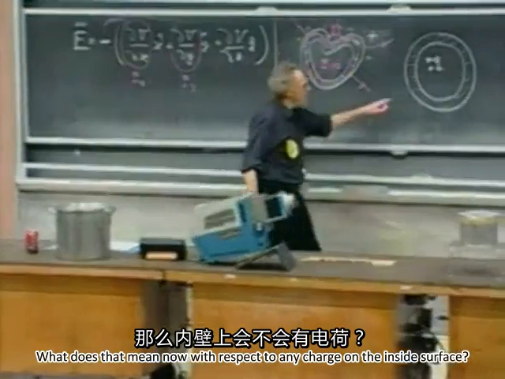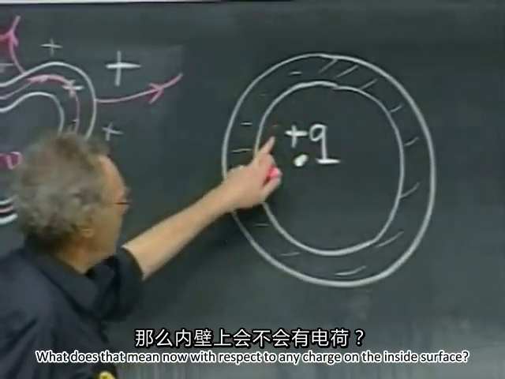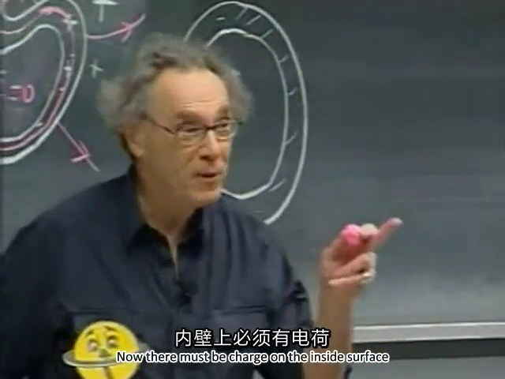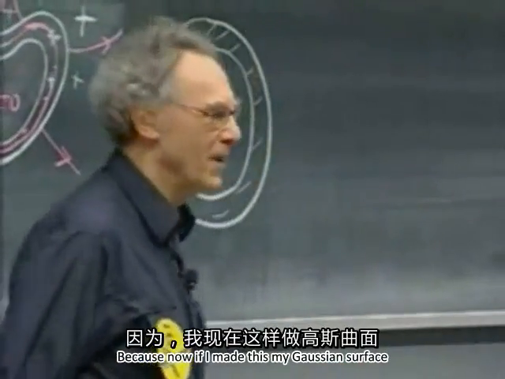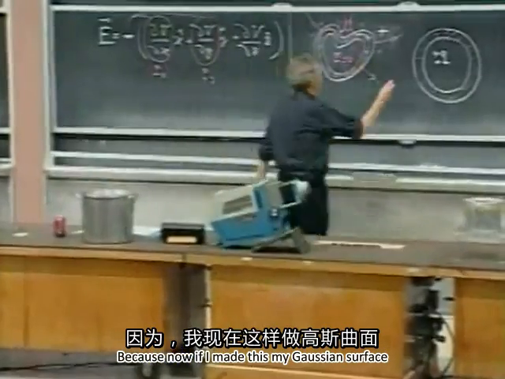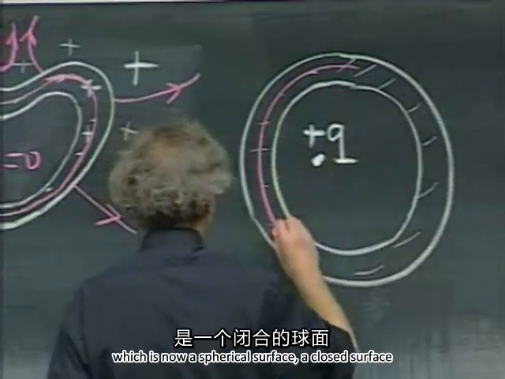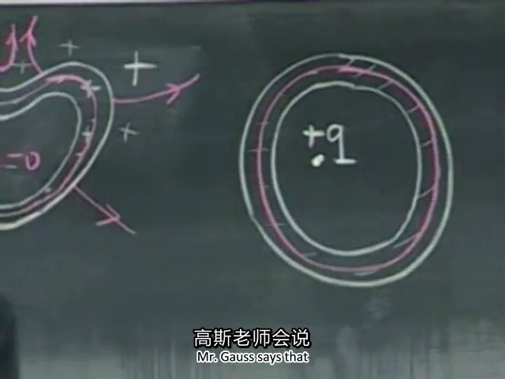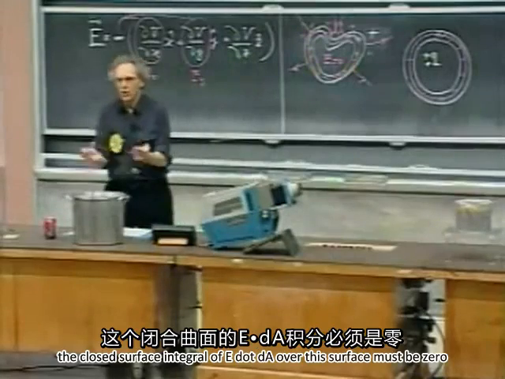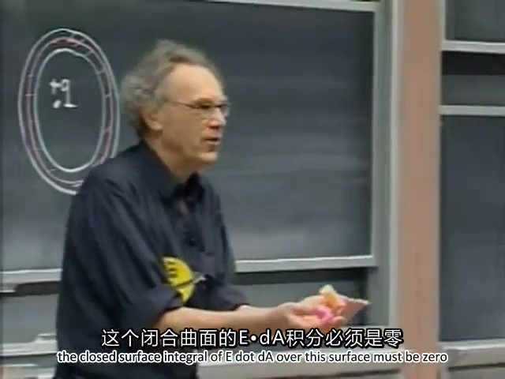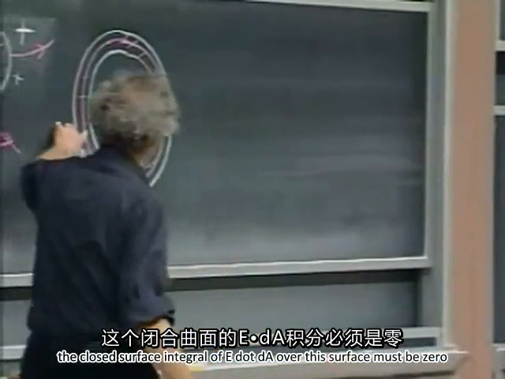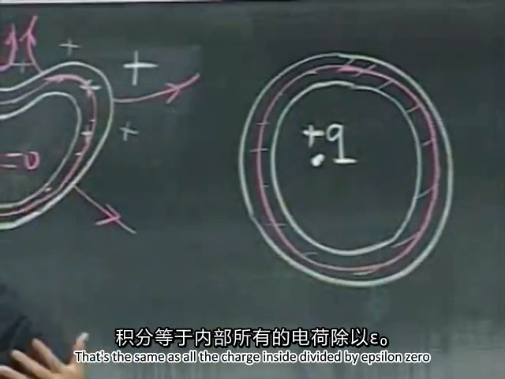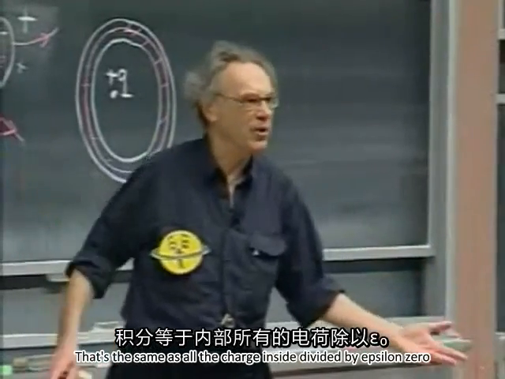What does that mean now with respect to any charge on the inside surface? Now there must be charge on the inside surface. Because now, if I make this my Gaussian surface, which is now a spherical surface, a closed surface, Mr. Gauss says that the closed surface integral of E dot dA over this surface must be zero, because the electric field is zero anywhere. That's the same as all the charge inside divided by epsilon zero.